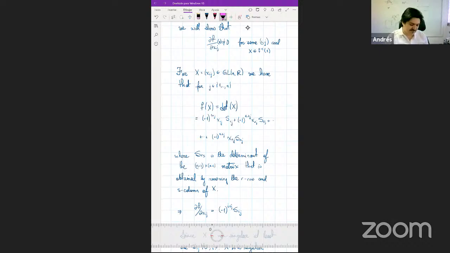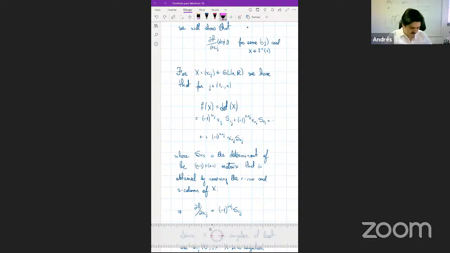So if I take the partial derivative of f, I get precisely the determinant of the smaller n minus 1 by n minus 1 matrix, right? So that holds for any entry, right?